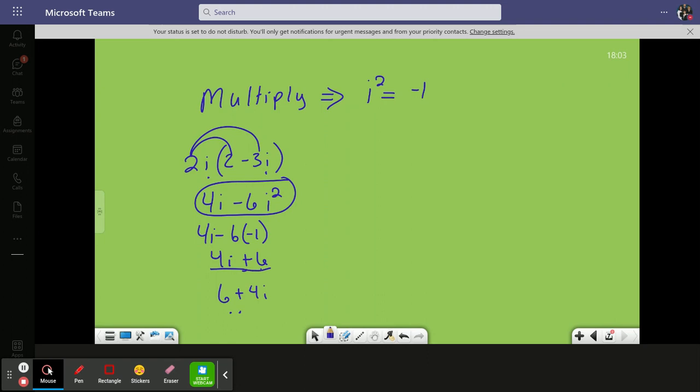Because I'm checking to see, do you remember? You can't leave it as i squared because i squared is negative 1, right? So this will show up on your scratch paper and it'll show up in that multiple choice. So be careful.